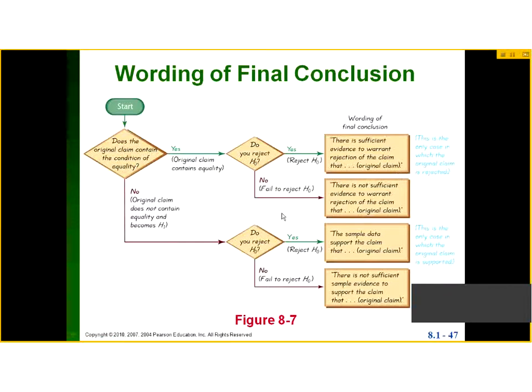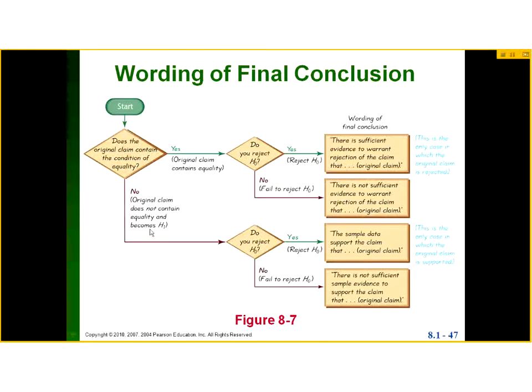But if your answer is no and you fail to reject H0, what do I say? There is not sufficient evidence to warrant rejection of the claim that, and put here the original claim. Okay? So depending on the original claim, if it is in H0 and you rejected, you say there is sufficient evidence. Otherwise you say there is not sufficient evidence.